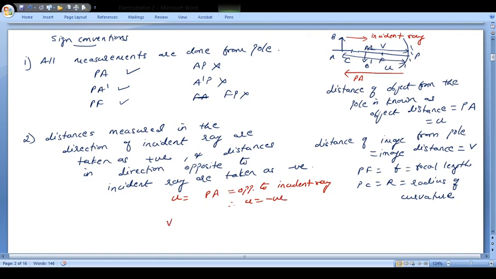If I say V is measured from P to A dash, and again it is measured in the direction opposite, so again you will find that V is going to be negative.